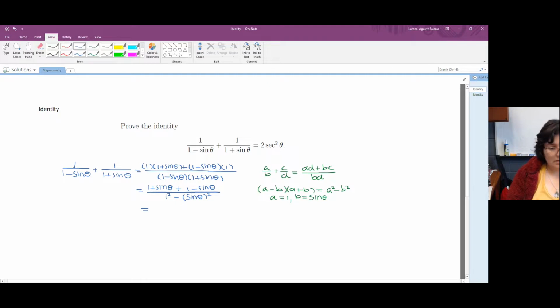And on the next line, we can say that on top there is 1 plus sine of theta plus 1 minus sine of theta. Sine of theta minus sine of theta gives us 0, and 1 plus 1 gives us 2, divided by 1 minus sine squared of theta.